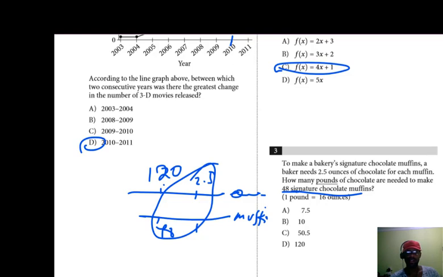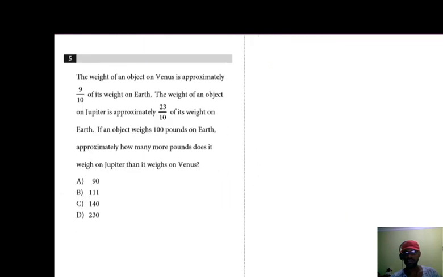Now we change this to pounds, since this is in ounces. 1 pound is equivalent to 16 ounces. So this 120 ounces is the same as how much? You need to divide this by 16. Finally you get 7.5. This is just using conversion.